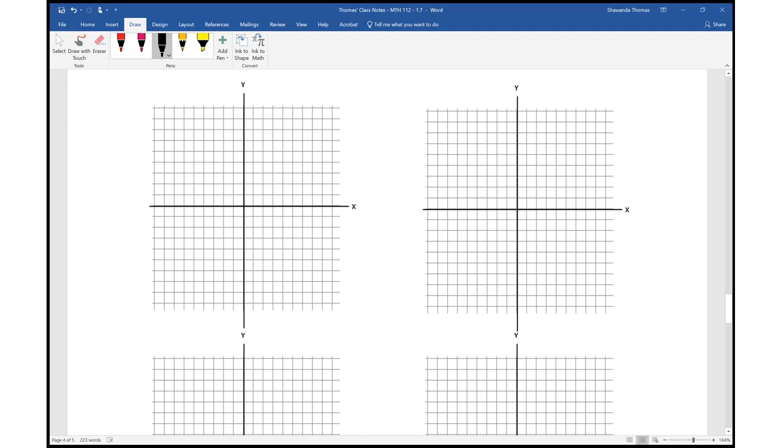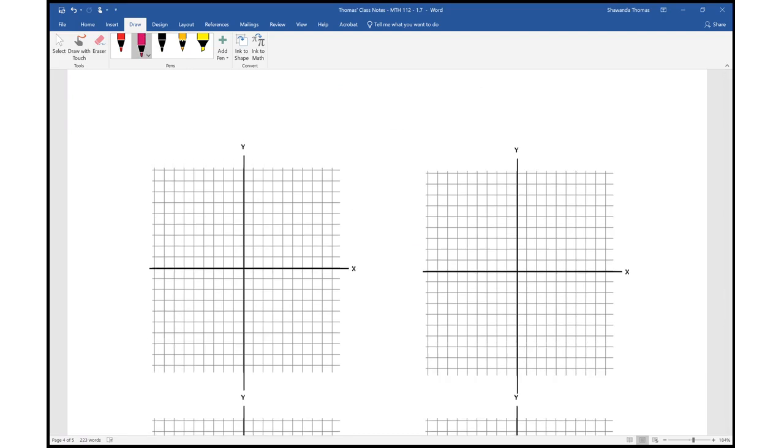So we're going to start off slow here. I want you to identify the parent function, the shape, and the shifting or the translations or transformations.